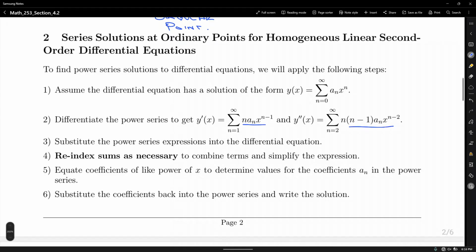Number 3, substitute these expressions into the differential equation. Number 4, re-index sums as necessary to combine terms and simplify the expression. Number 5, equate coefficients of like powers of x to determine values of the coefficient a sub n in the power series. Number 6, substitute the coefficients back into the power series and write the solution.